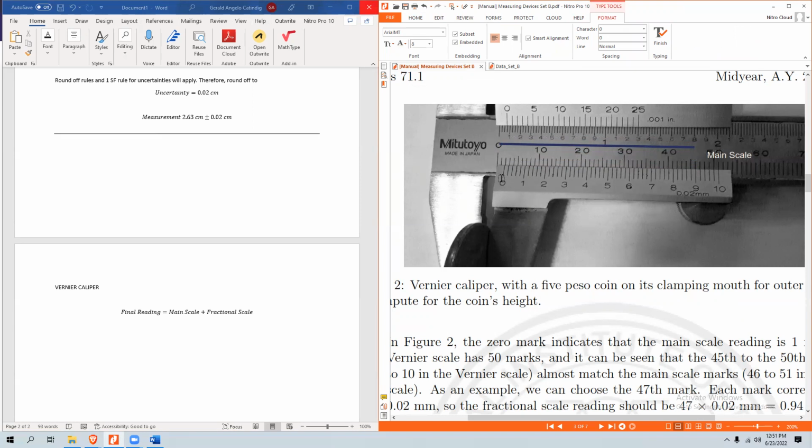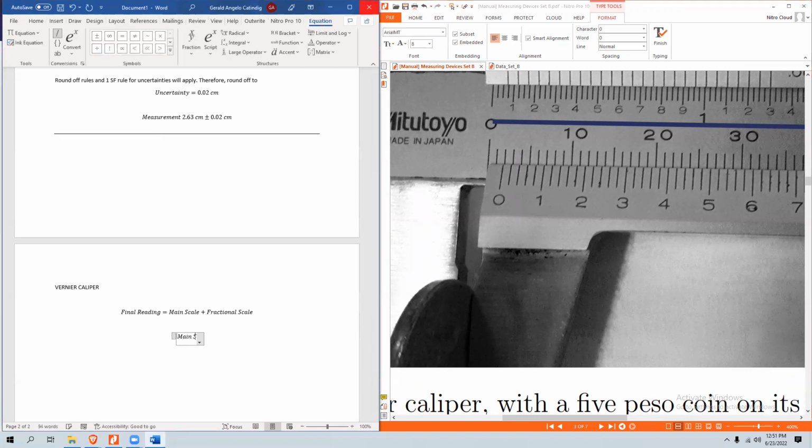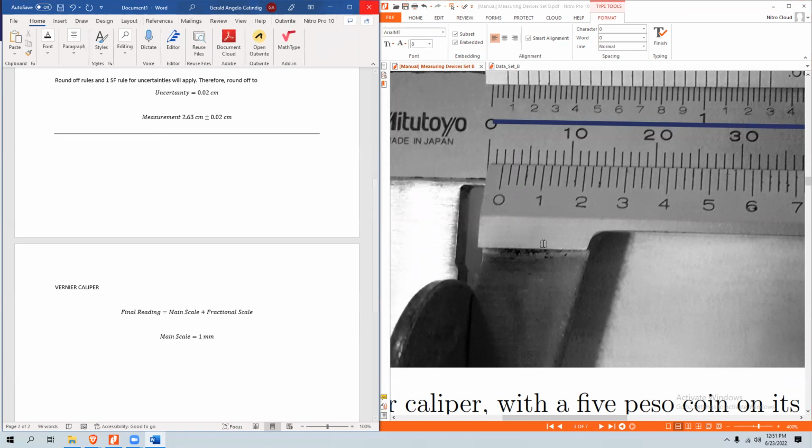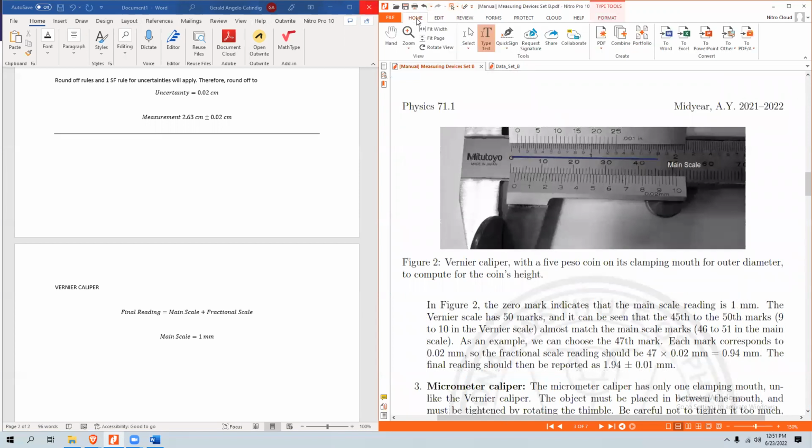Since the line of 0 here will coincide just before the 2 millimeter mark on the main scale, so yung 0 na ito nakatapat just before the 2 millimeter mark, we say that the main scale reading is 1 millimeter. Okay? Hindi siya umabot sa 2nd millimeter mark based on this picture. So the main scale reading should still be 1 millimeter, just like the manual tells us.